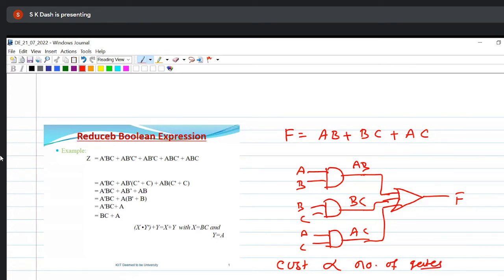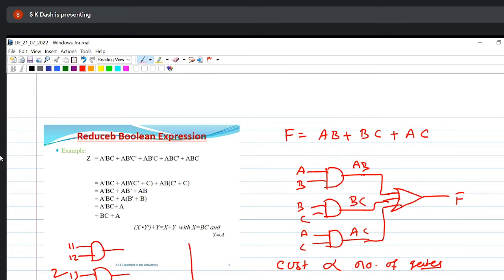Suppose more gates are required, then the circuit will be costlier. And it does not only depend upon the gates, it also depends upon the number of inputs to the gate. So suppose here I am using input 1, input 2, input 3, input 4. How many gates did I use? I used two gates.